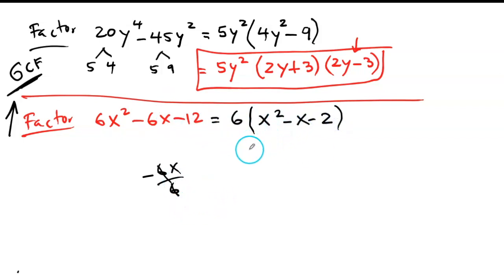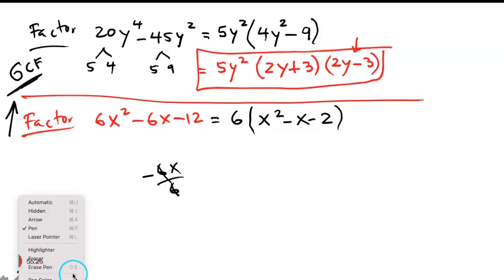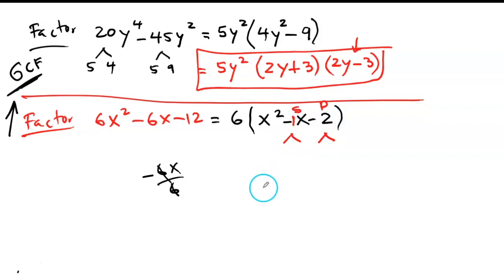Hopefully you don't stop there. You say, oh, hold on. Okay, so I have a parenthesis. I have a trinomial on the inside. Is there anything that I can do with the trinomial? Yes, there is. Remember, no number, you have a 1. And this is going to be product and sum. Two numbers that you multiply, you get negative 2, but when you add, you get negative 1. The answer is negative 2 times 1.